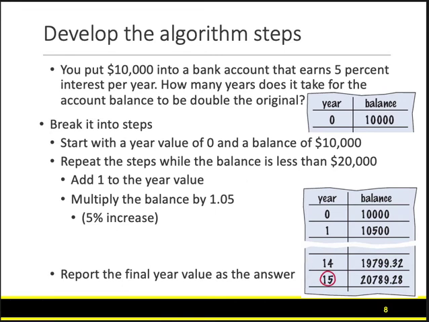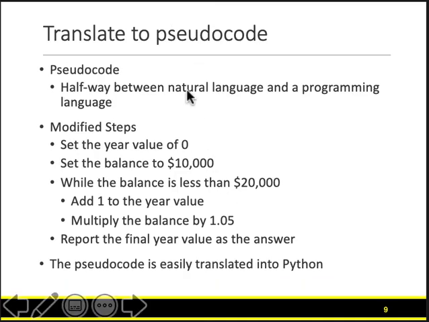Then there is something called pseudocode. What is pseudocode? Pseudocode is one step above the algorithm, but it's less than the actual code itself. Hence, pseudocode. So pseudocode is where you take this and translate it into some kind of code that you can easily write into the Python language, let's say, or any language for that matter.